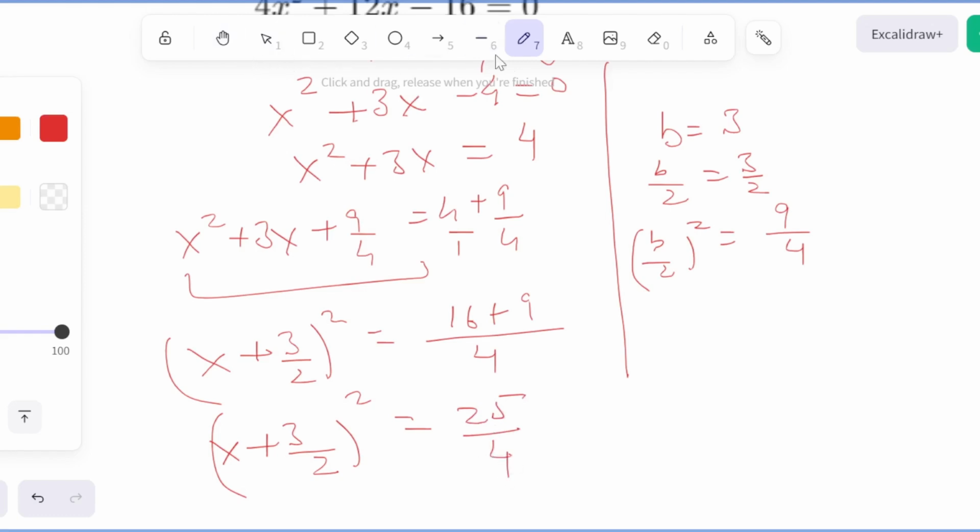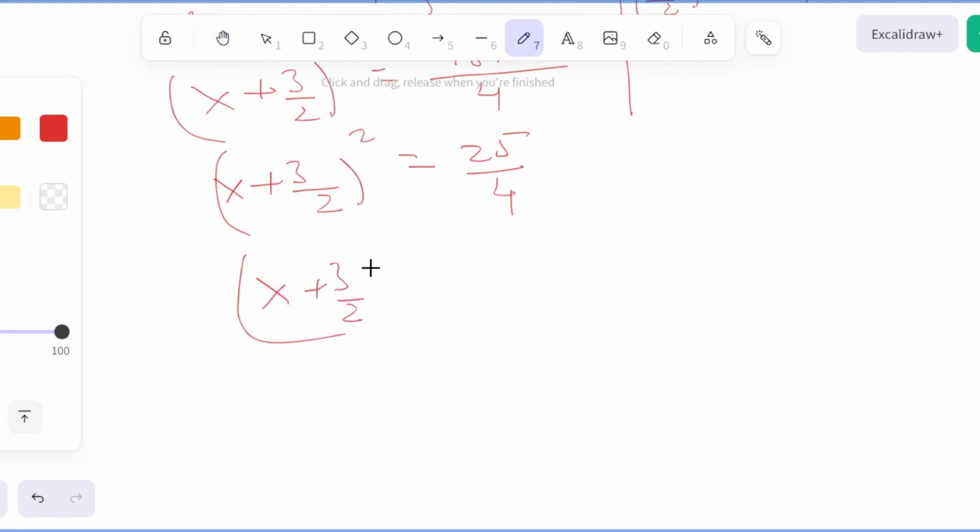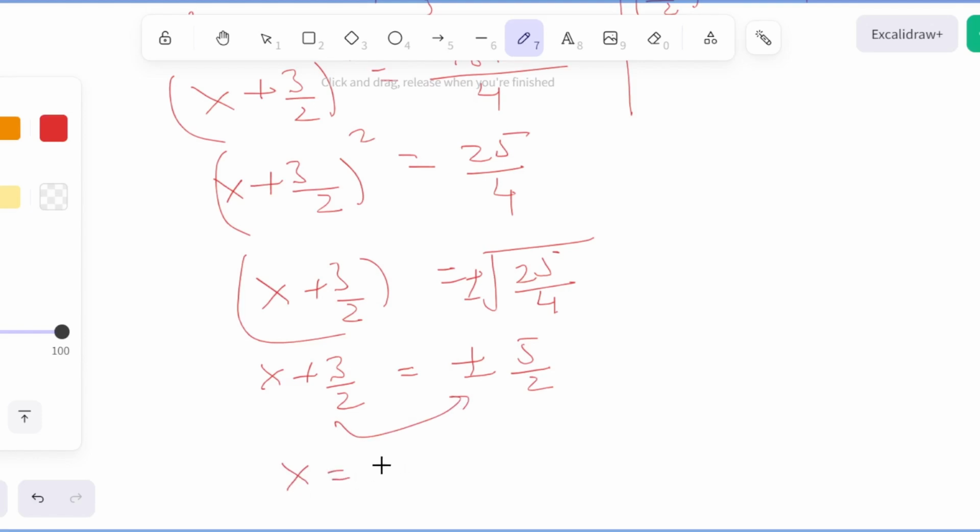And now we have to take the square root of both the sides. The main steps will remain the same. So x plus 3 by 2 will be equal to square root of 25 by 4, and that is plus minus 5 over 2. Now you can bring the 3 by 2 to the other side. So you get two values of x. One is 3 by 2 plus 5 by 2, or x equal to 3 by 2 minus 5 by 2.